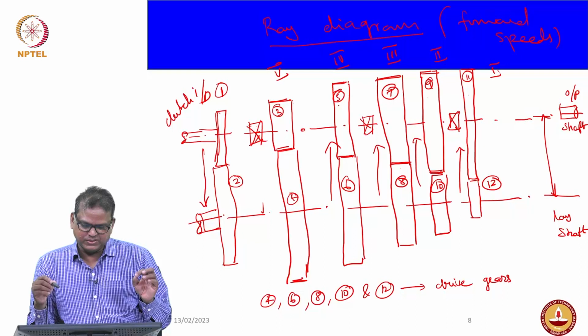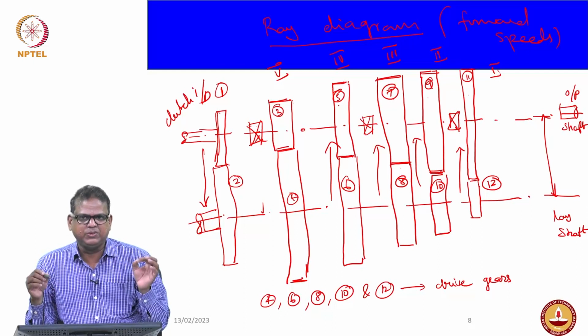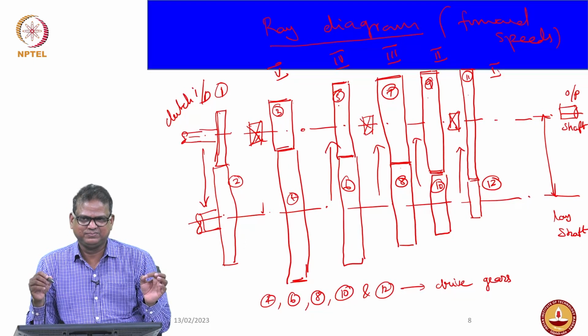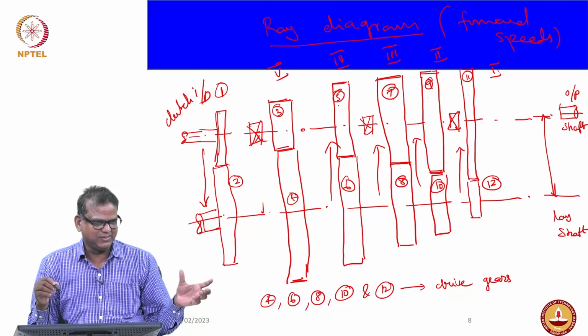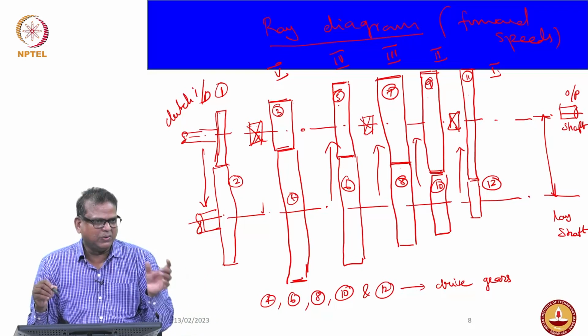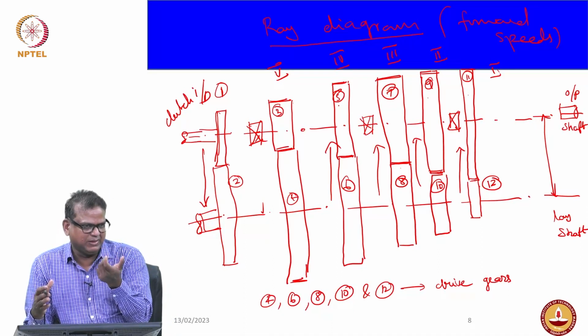Let me ask one more question. This is a constant mesh. What happens if you have a gearbox which is sliding mesh? What is the arrangement you see? I have shown the picture previously, right? There will be only one gear in mesh, and the other gears will be displaced, taking up part of the face width of the given gearbox.